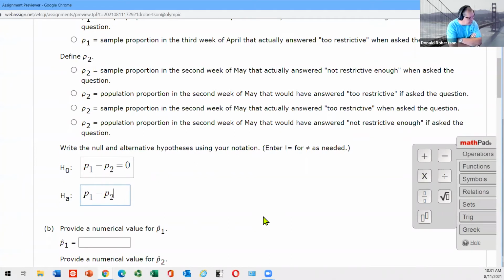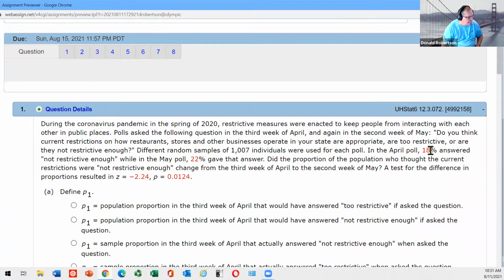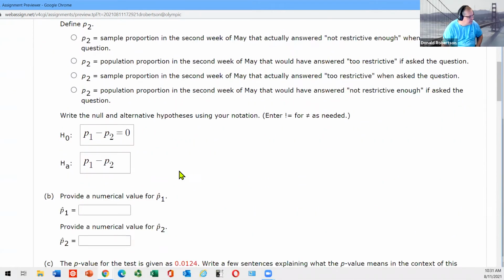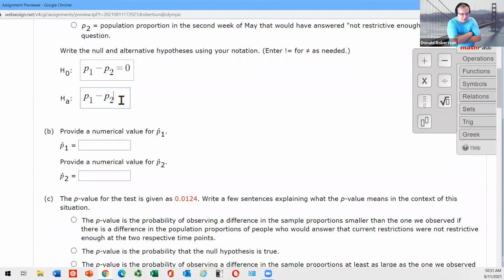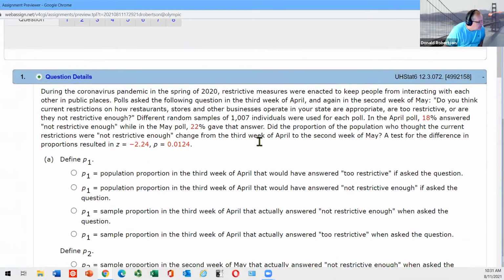P1 was April, P2 was May. Can you remember April was 18, May was 22? Greater than, less than, or not equal to? Not equal to. We are being asked, let's see.